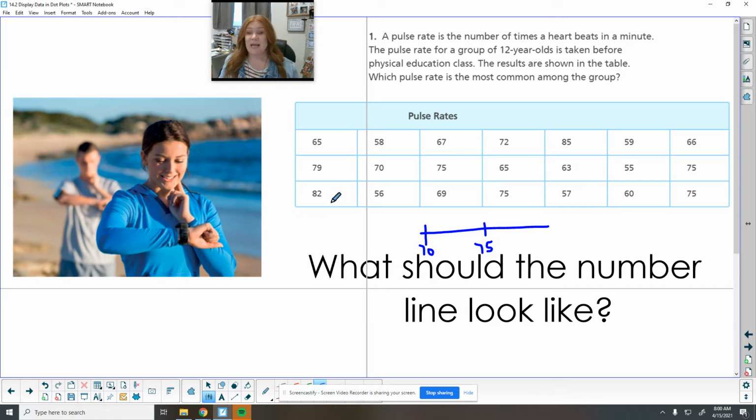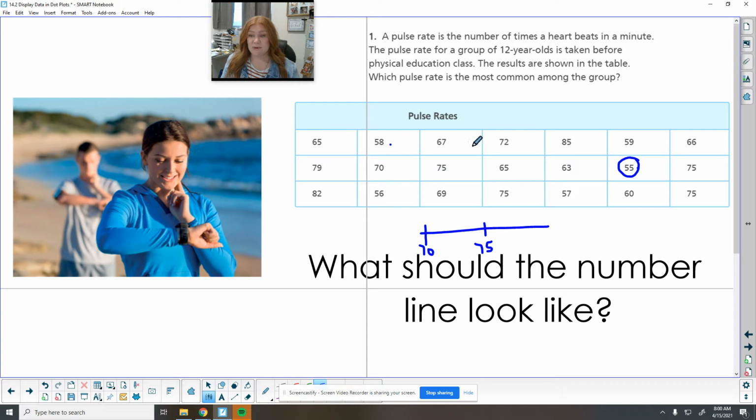So look through and see if you can identify those. So looking through, here's a 58. Let's see if we have anything smaller. 55. Looks like 55 is our smallest number. And now we want to go through and find the biggest number. So take a look and see if you can find the largest number or the highest pulse rate.